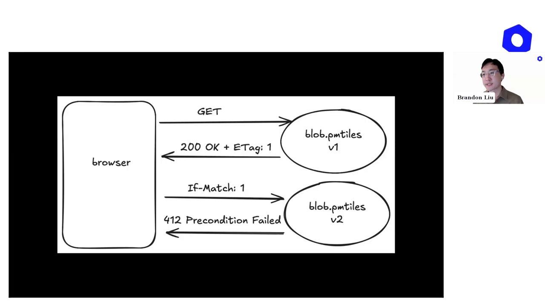If you make a request for a blob for a range, and the e-tag changes, then the JavaScript client will detect that hash change and then do a retry. So it just works. So you can embed a PMTiles in a file, the URL, and then you can update it, and the software will cache bust correctly, for example.